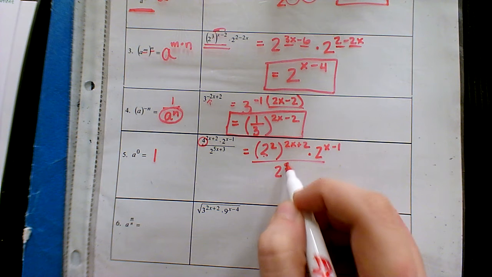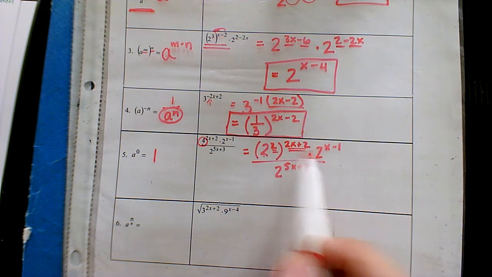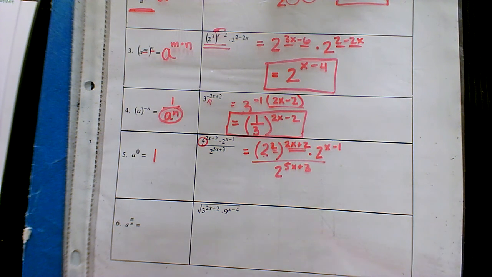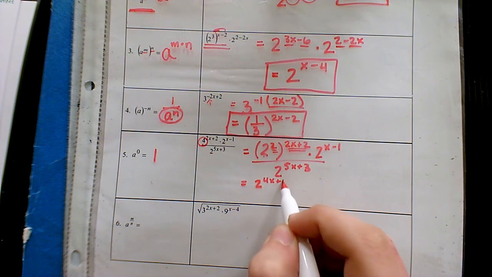Now, River kind of mentioned everything in one step here, but notice how when we rewrite 4 as 2 squared, we now have a property showing up. We have that power to a power. So that means we can multiply those powers together. That'd be 4x plus 4.